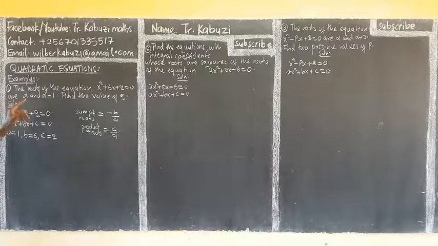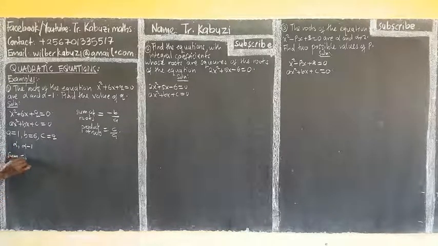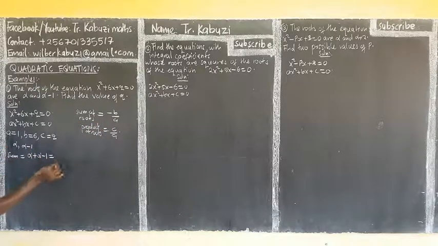Now, the roots they are giving me are alpha and alpha minus 1. So I get their sum. When I sum these two, the sum will be alpha plus alpha minus 1. These are the roots, and their sum is always given by negative b over a.